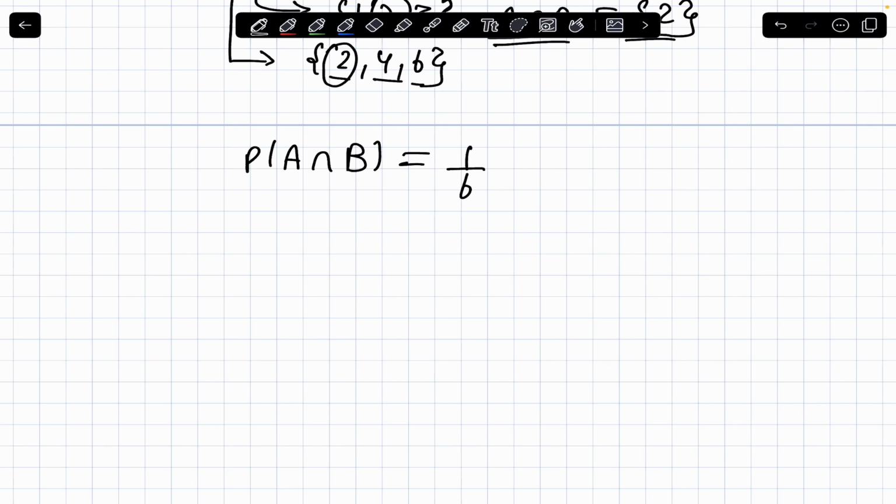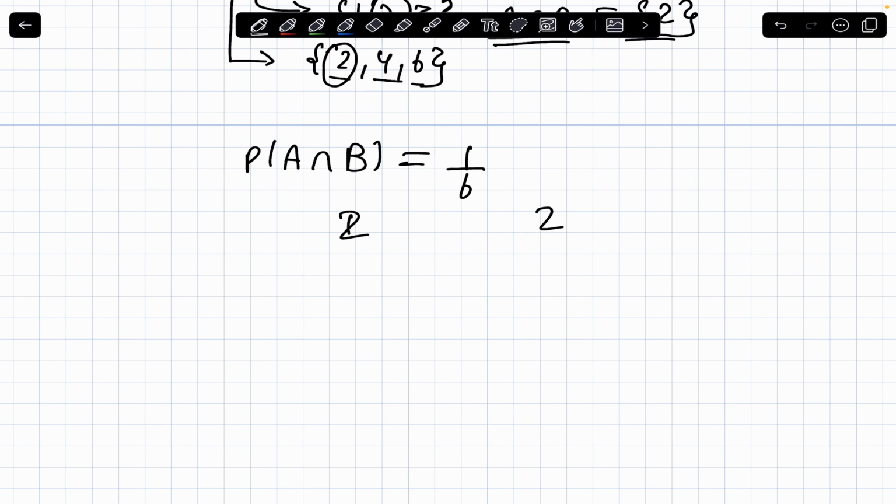If two things are common in both sets, then we have 2 in event A and 2 in event B also. So if 2 comes, then both events get satisfied.